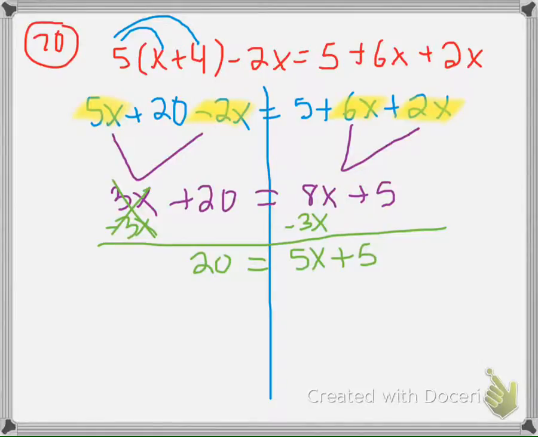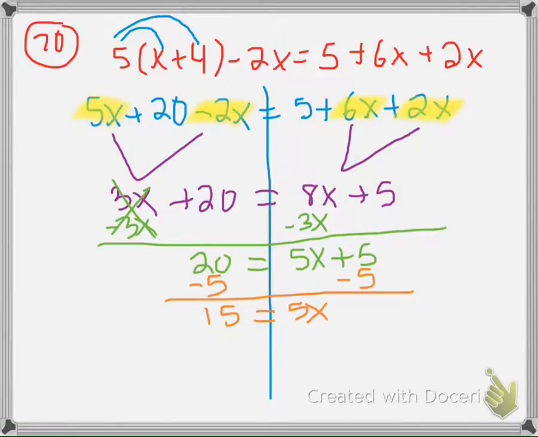Okay, remember my end goal is to get x by itself. Right now I have 5 times x, and we're adding 5, and I want to get rid of what's being added or subtracted first. So I'm going to get rid of the 5, subtract 5, and whatever you do on one side of the equal sign you have to do on the other. 20 minus 5 is 15 equals 5x.